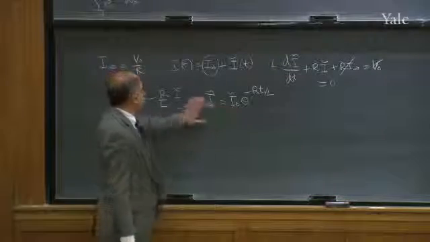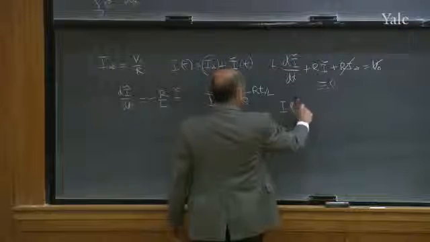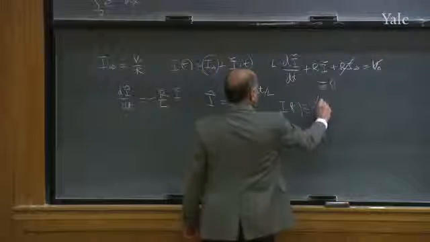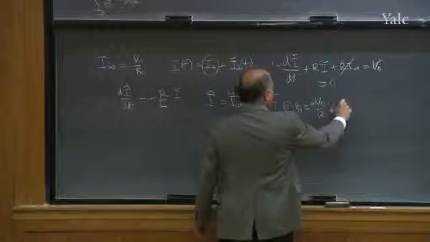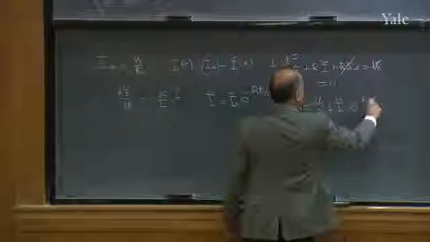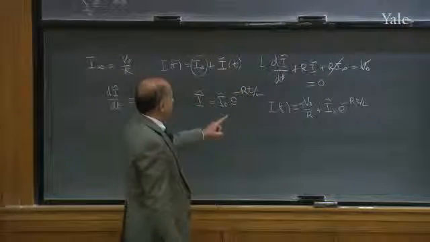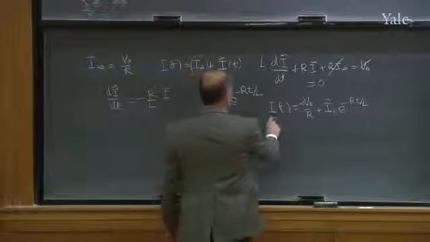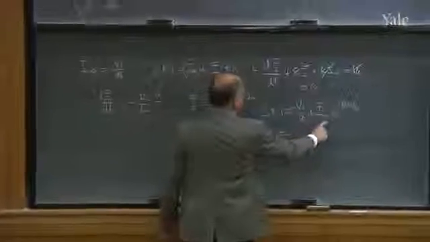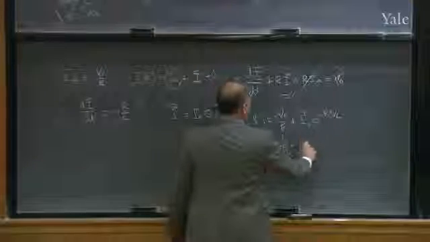So we don't know this number just from the equation, but we go back to what we know, which is I of t is I infinity, which is V0 over R, plus I twiddle 0 times e to the minus Rt over L. But I know that at t equal to 0, this guy should vanish, because there was no current when I just threw the switch.